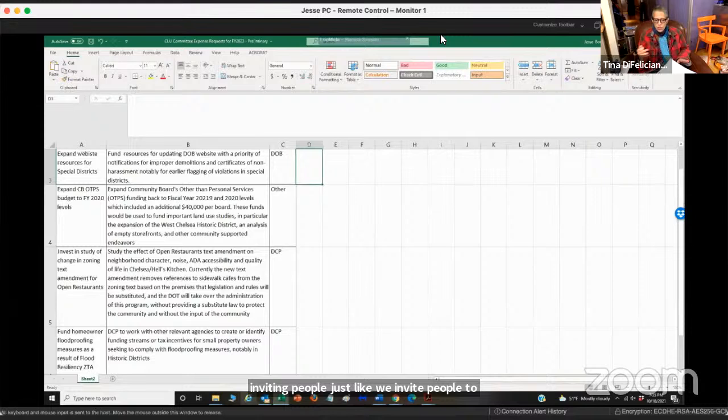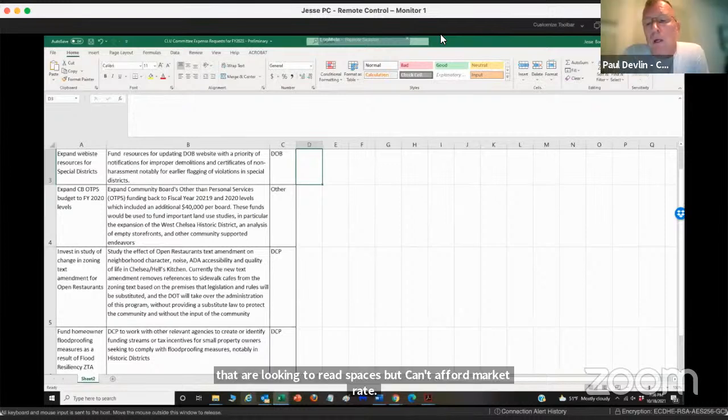I thought I'd mention it now because a lot of people are suffering, both small landowners or business landlords, as well as the people looking to rent spaces but can't afford market rate. So maybe we should just consider it as a board. I'm not sure where to put it.